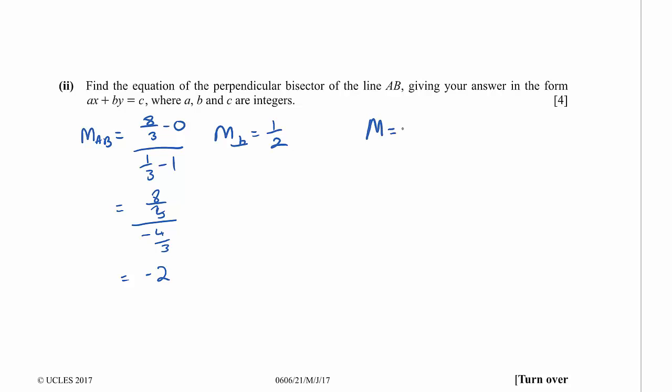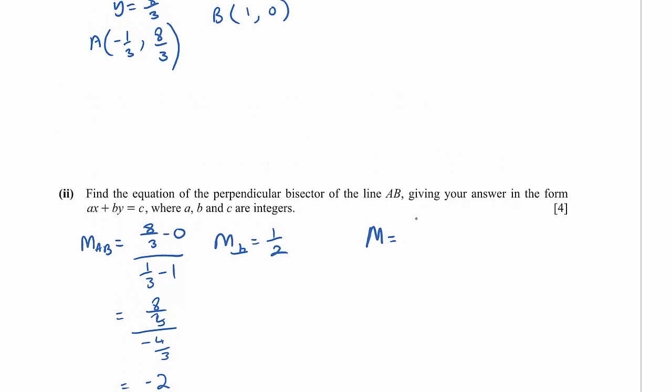And then the midpoint, so we've got negative 1/3 add 1 divided by 2, and we've got 8/3 add 0 divided by 2. So this is 2/3 divided by 2, which is 1/3, and 8/3 divided by 2, which is 4/3.